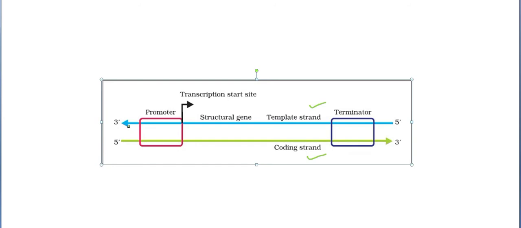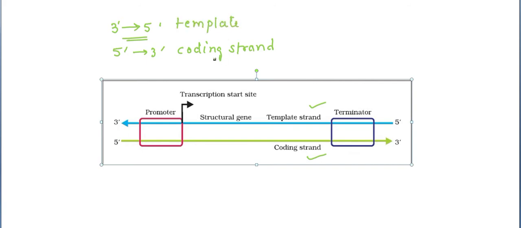The strand whose polarity is 3' to 5' direction is called the template strand, right? And the other one where the polarity is 5' to 3' is called the coding strand. So this one is template and this one is coding strand.